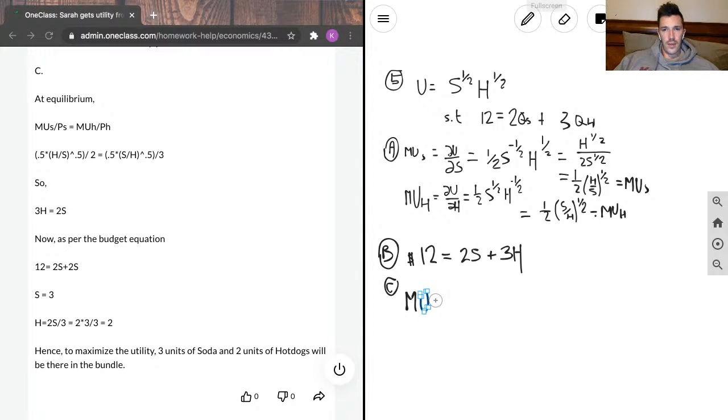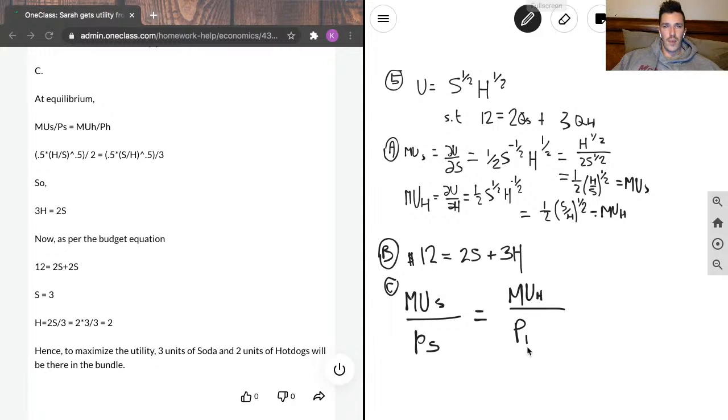So they've got, and from my memory this is correct, the marginal utility of soda over PS is going to be equal to the marginal utility of hot dogs over PH.